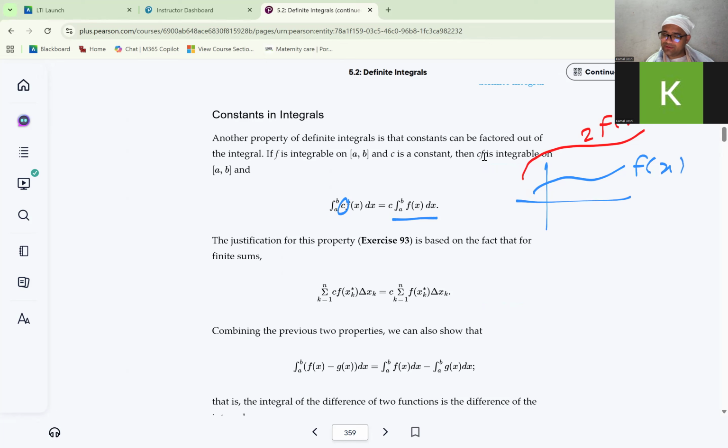So when I compute the area, I will be computing double the area for each rectangle, and therefore the total area would also be double the original area. So you can just take that 2 out, compute the area, and multiply it by 2. That is the constant multiple in the integral.